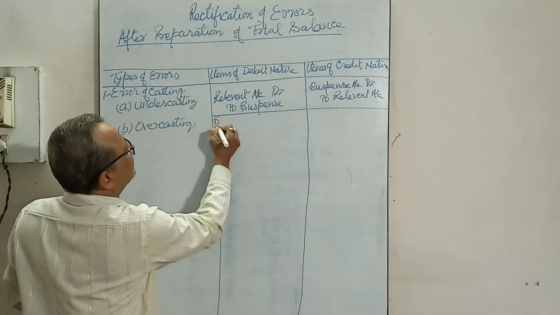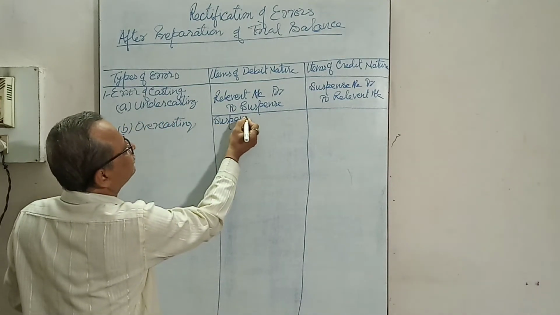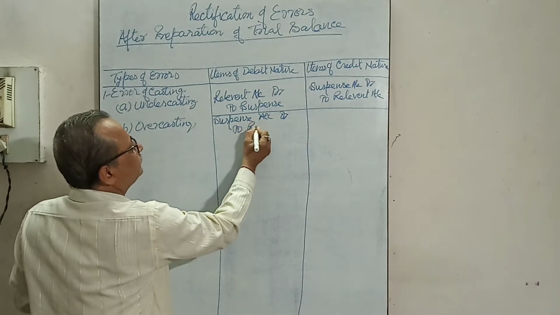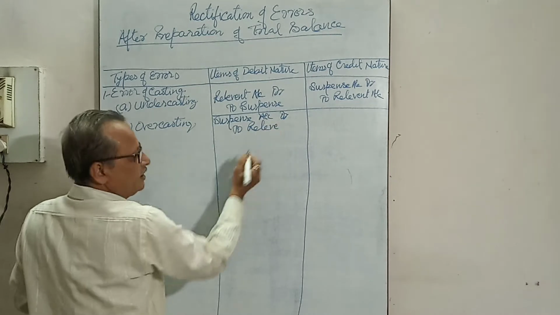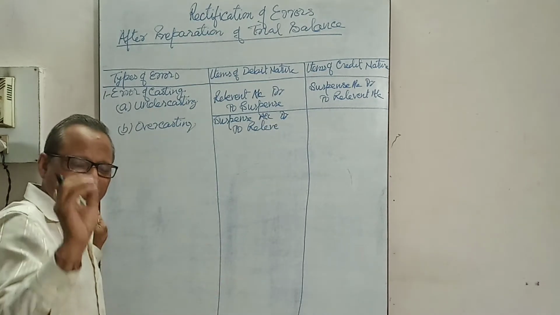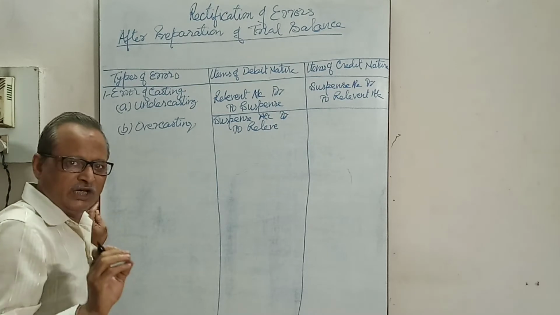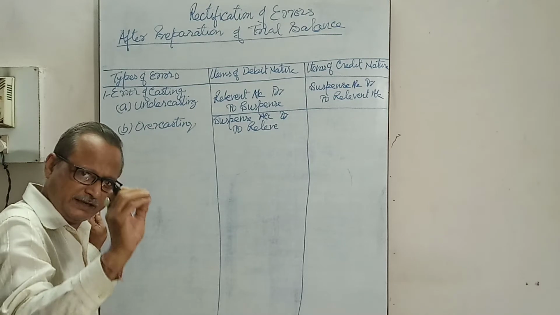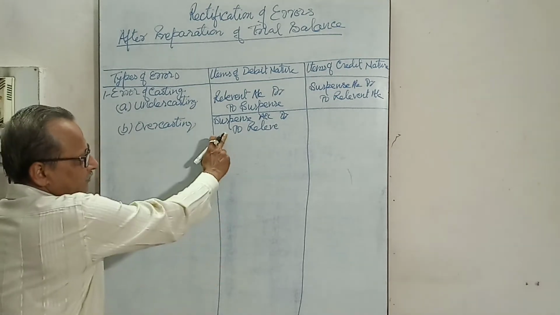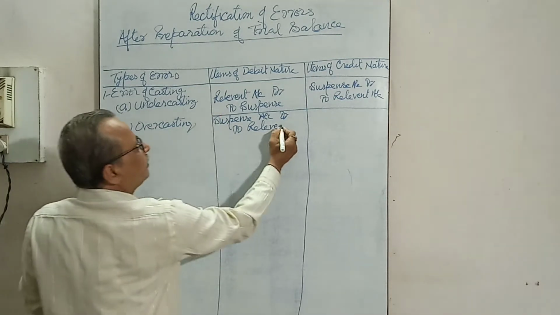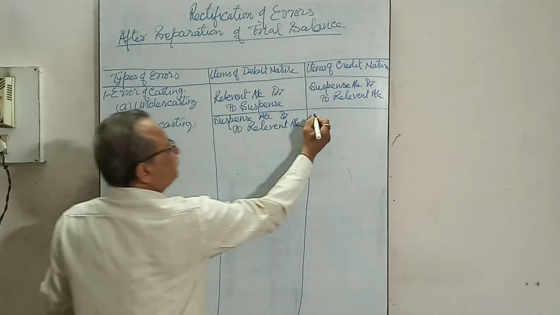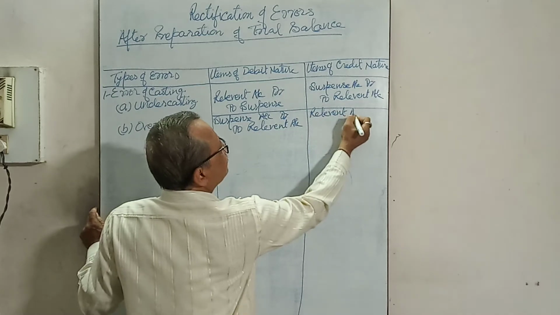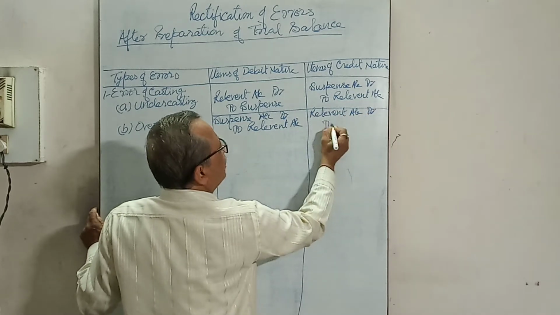So here we will pass suspense account debit to relevant account. Say the purchase account was 1000, but it was totaled at 1100, an excess of 100, so the purchase account should be credited by 100. Then it becomes suspense account debit to relevant account. And for a credit item, relevant account debit to suspense account.